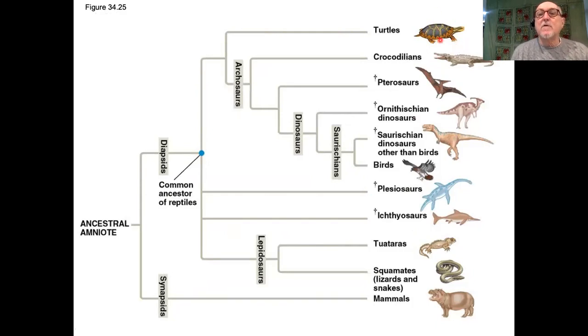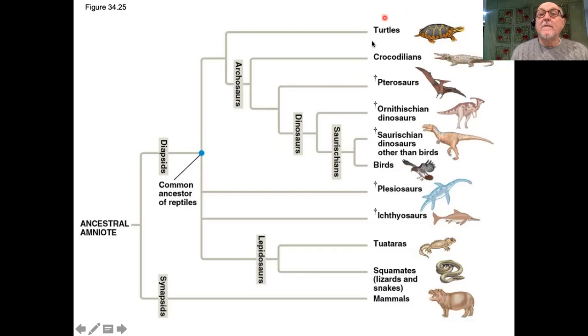I will tell you first of all, the turtles and tortoises, that whole group, we are very unsure about. They're an ancient group, but they're definitely reptilian, but their exact relationship to the rest of the reptiles is absolutely not certain.